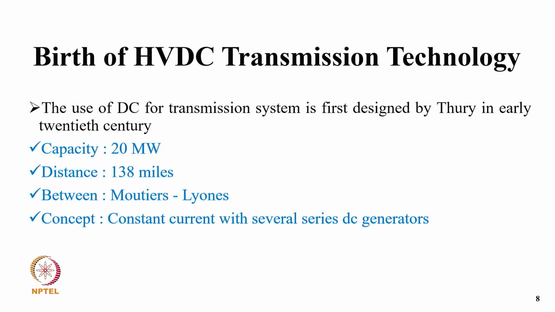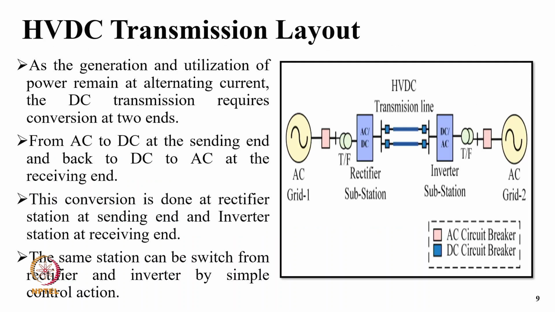The birth of HVDC transmission technology came with the use of DC for transmission first designed by Thury in the early 20th century, with a capacity of 20 megawatts over a distance of 130 miles between Moutiers and Lyon, and the concept was constant current with several series DC generators.